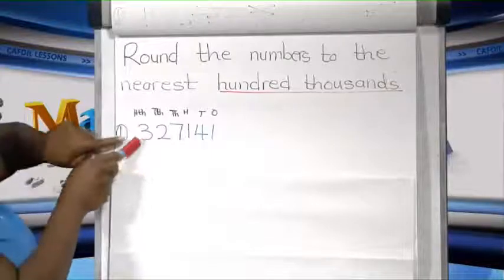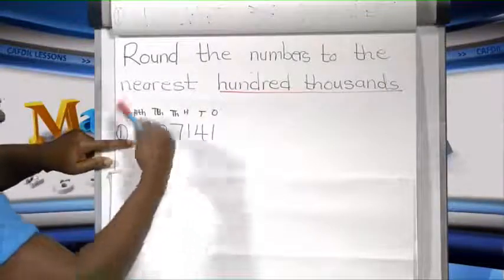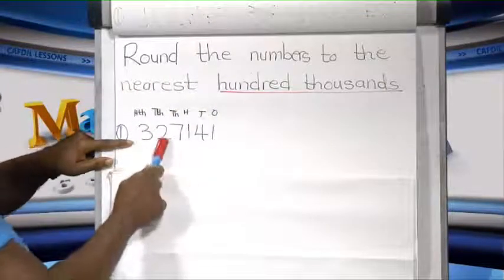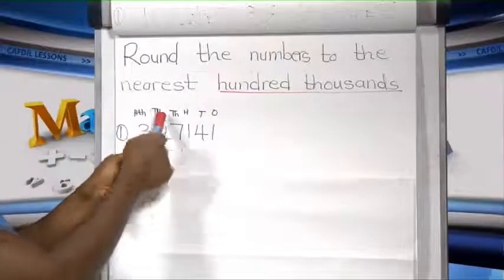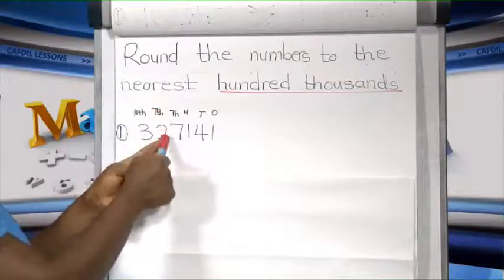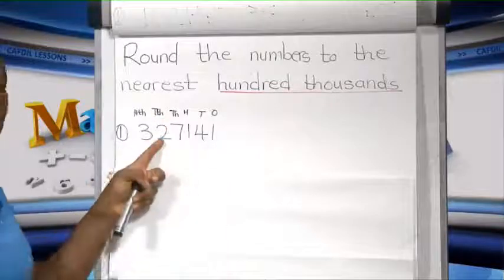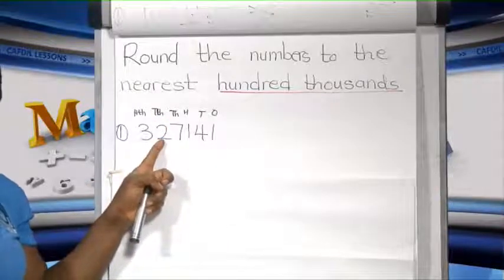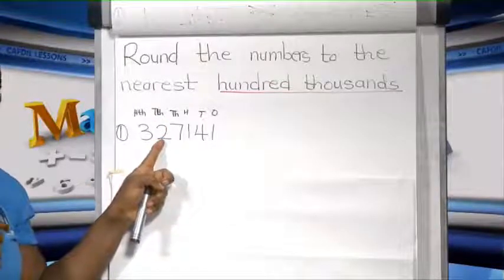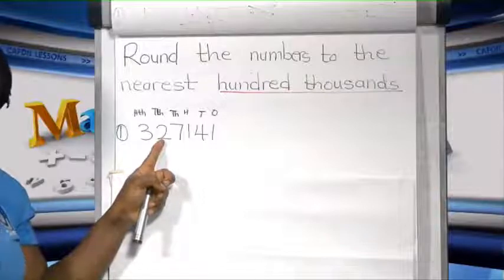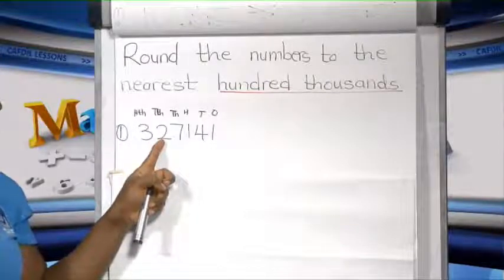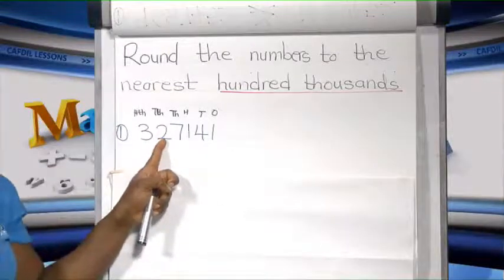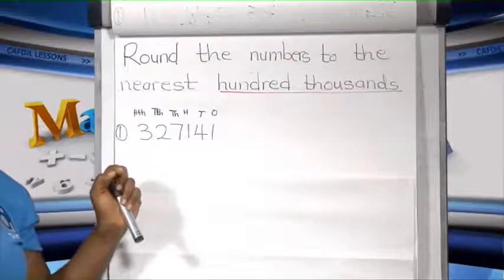We know the 100,000th place. We are going right to the next number. And what is the place? 10,000. If that number is 4 or less, you let it rest. If it is 5 or more, you add one more to the number that we are looking at.